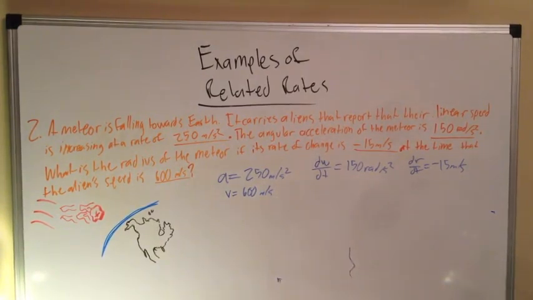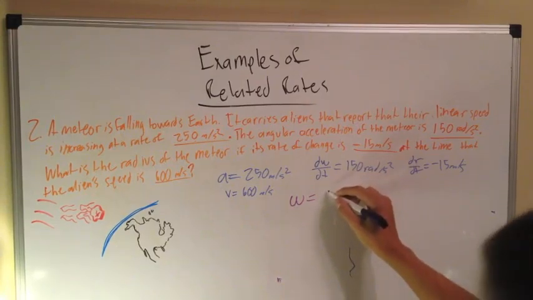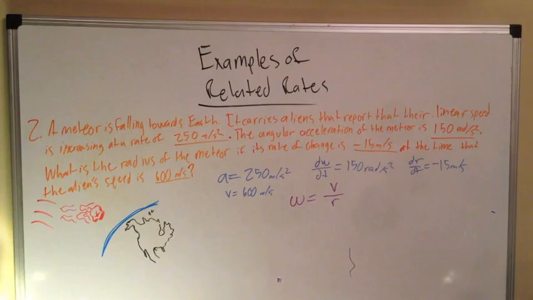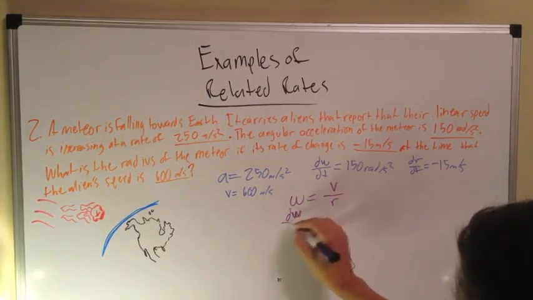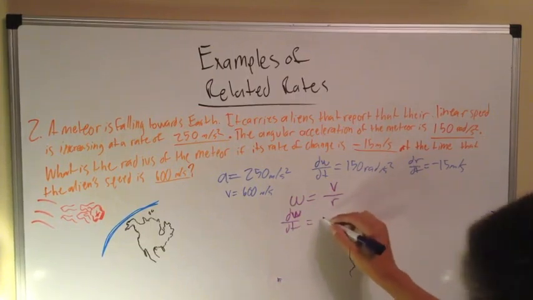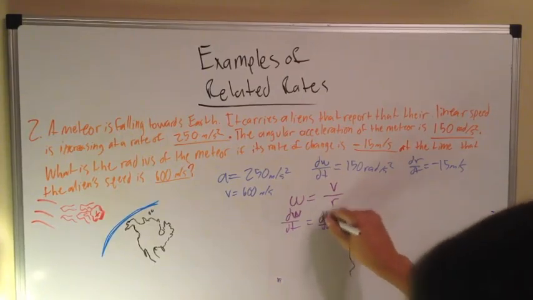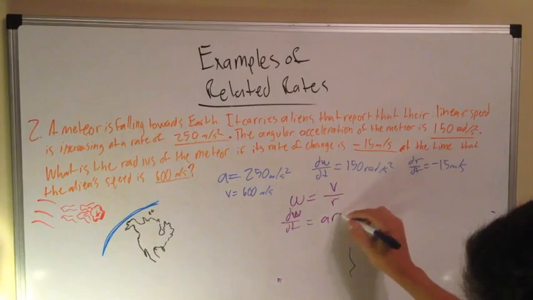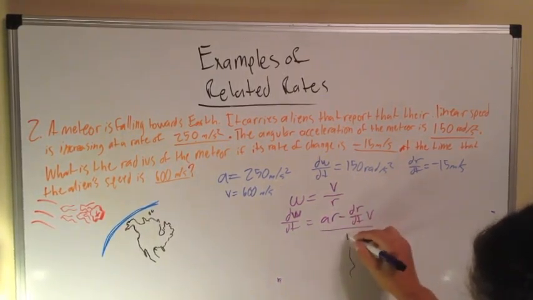So now we write the equation that relates all these variables. So angular speed equals velocity over radius. So now we differentiate, and we find that dw/dt equals dv/dt times r minus dr/dt times v, over r squared.